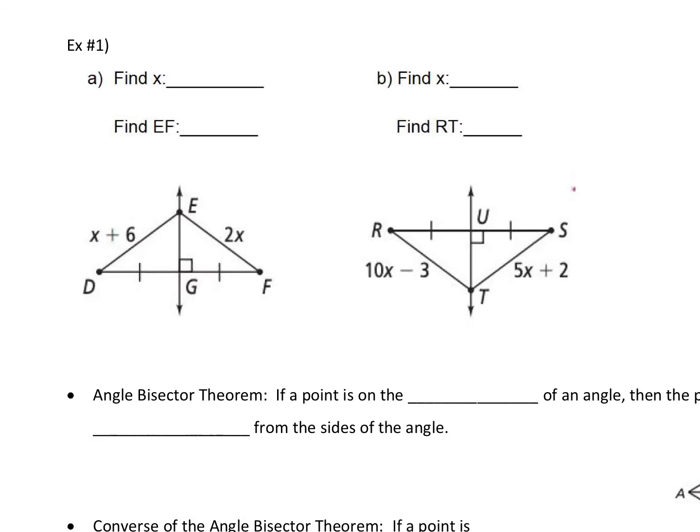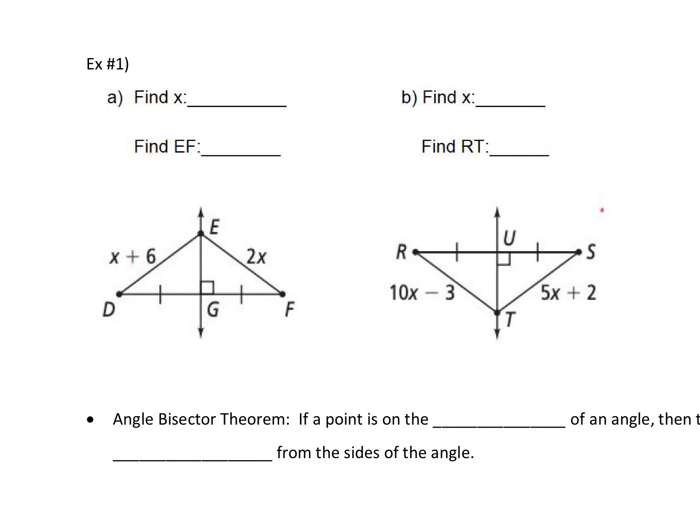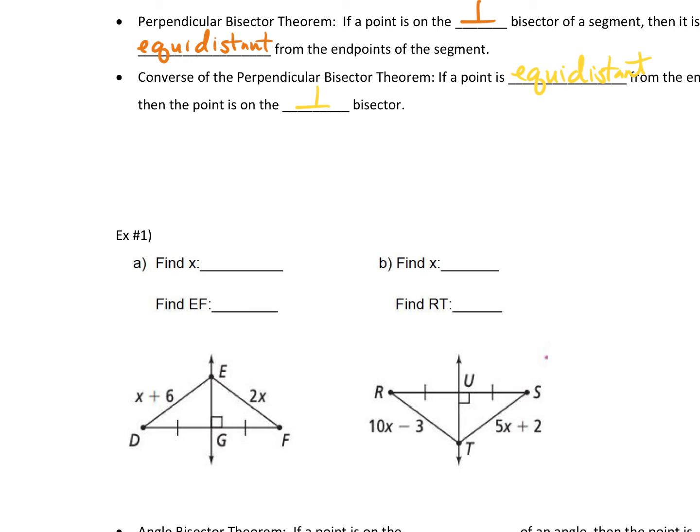All right, so here's the deal. Let's look at this picture. Notice you have a perpendicular bisector, right? So EG is a perpendicular bisector. That means every point on EG is the same distance to D as it is to F. So in this picture, how would you solve for X? Set X plus 6 equal to 2X.